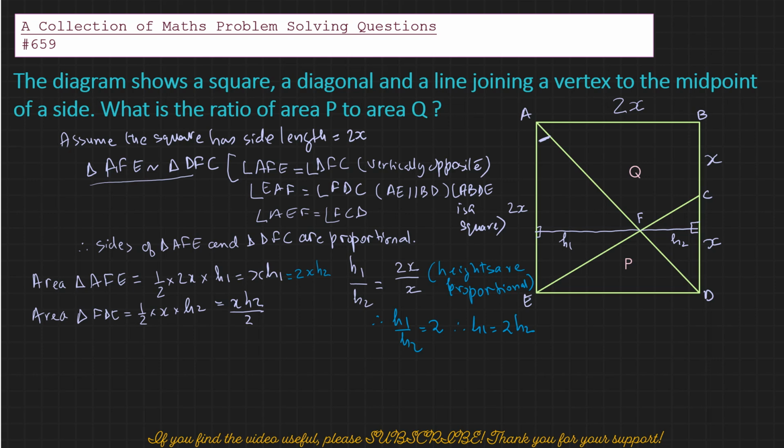Also, h1 plus h2 is 2x, and since h1 is twice h2, 2h2 plus h2 is 2x, or 3h2 is 2x. So h2 is 2 out of 3 x.